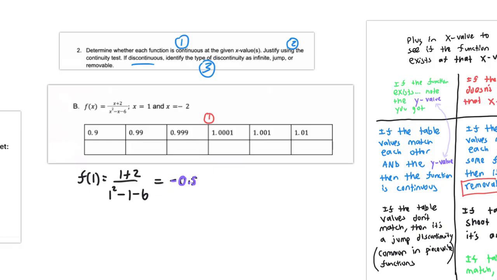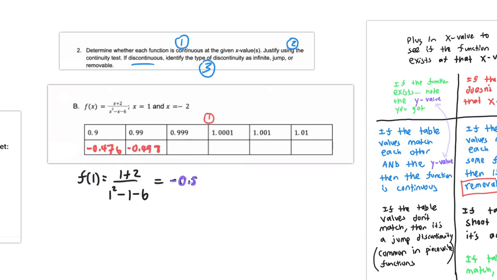When I investigate the x value of 0.9, I end up with -0.476. The next one is -0.498.